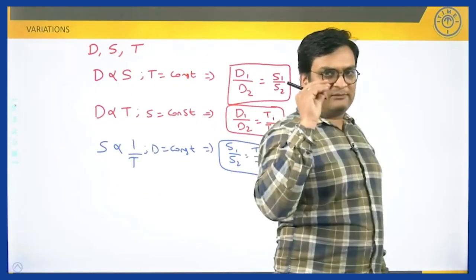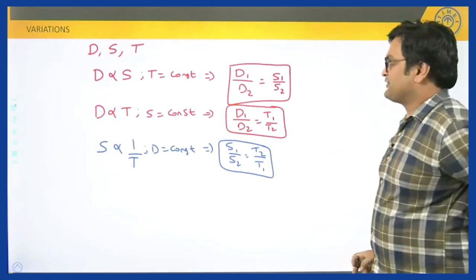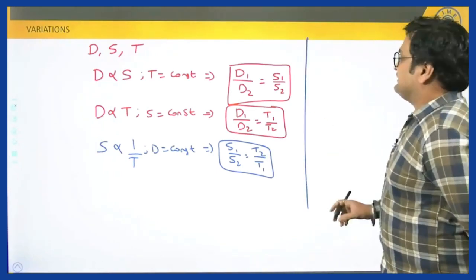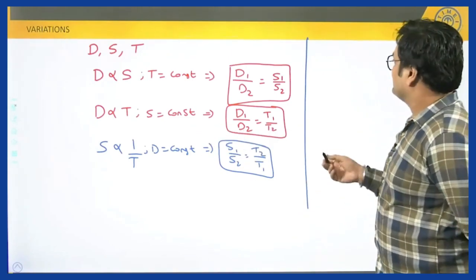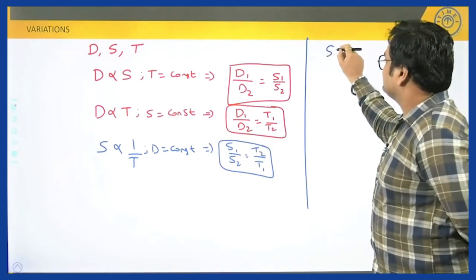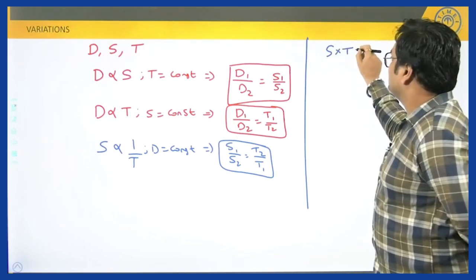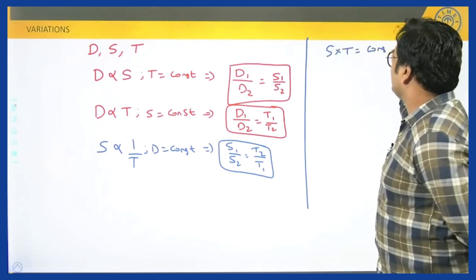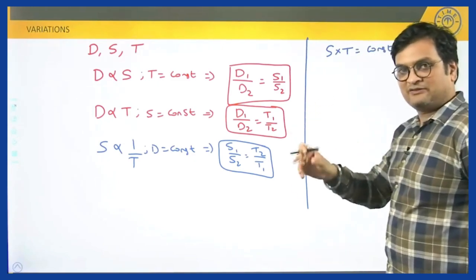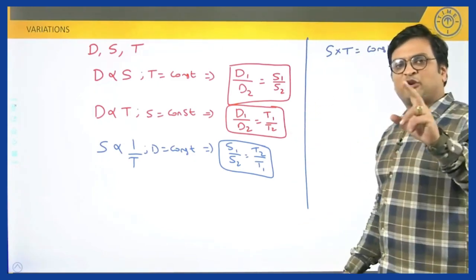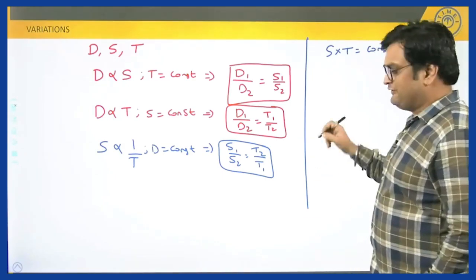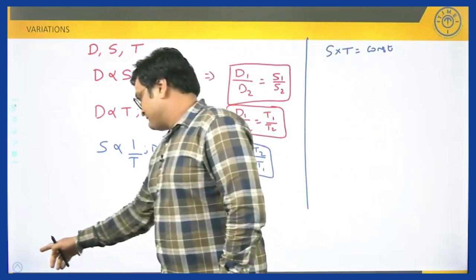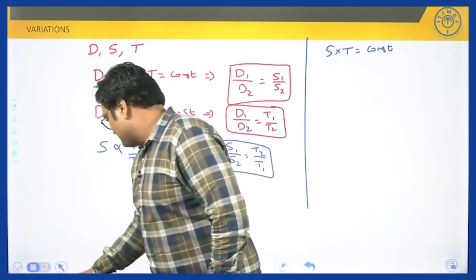Just one more small point I would like to share, a trick I would like to share. Whenever distance is constant, that means speed is inversely proportional to time. That further means their product should be constant because their product is nothing but the distance. Distance is given to be constant. Whenever product of two variables is constant, fixed, then if one variable changes, the other variable will also undergo some kind of change.